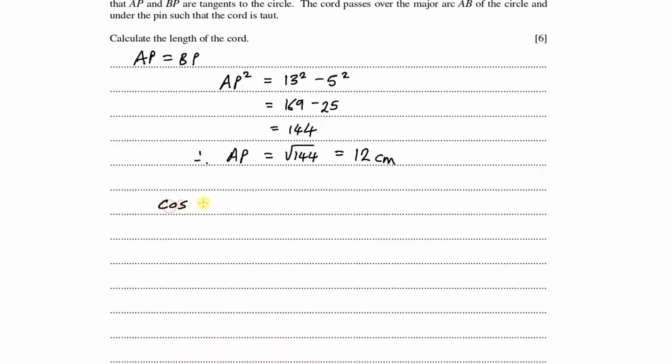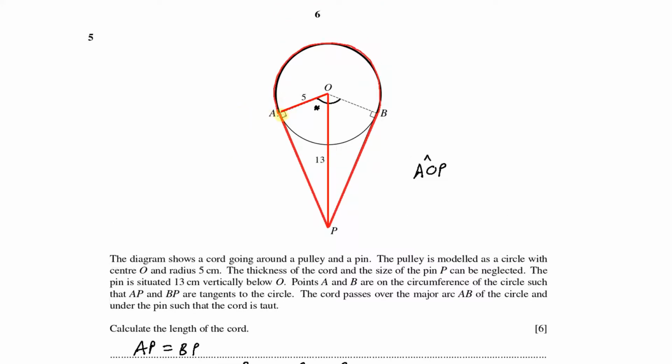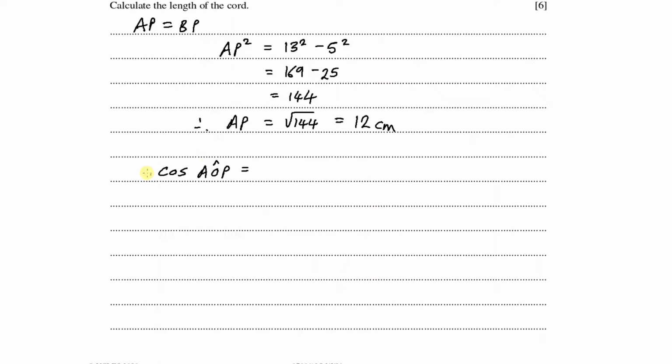cos of APO, cosine is adjacent over hypotenuse. So for this right angle triangle, the adjacent side is 5 and the hypotenuse is 13. So cos APO is 5 over 13, which means the angle APO should be arc cos of 5 over 13.